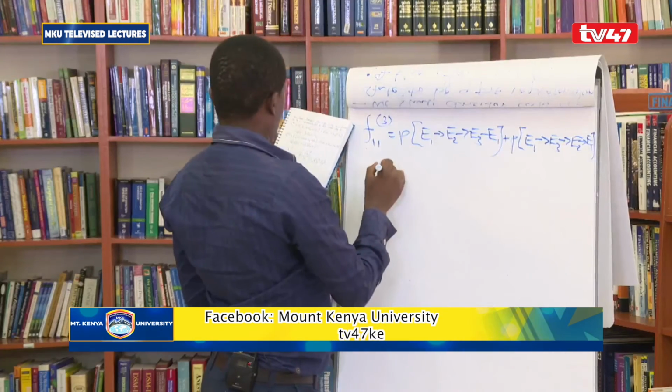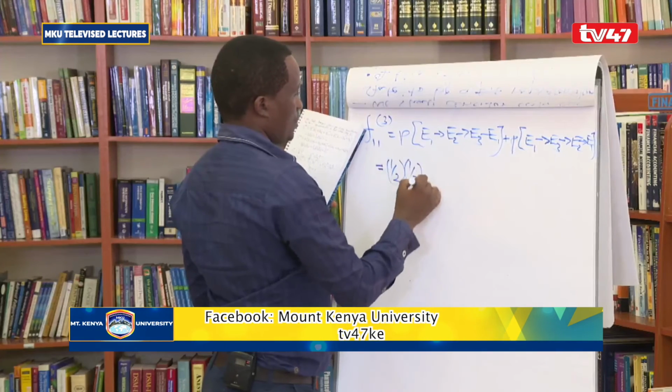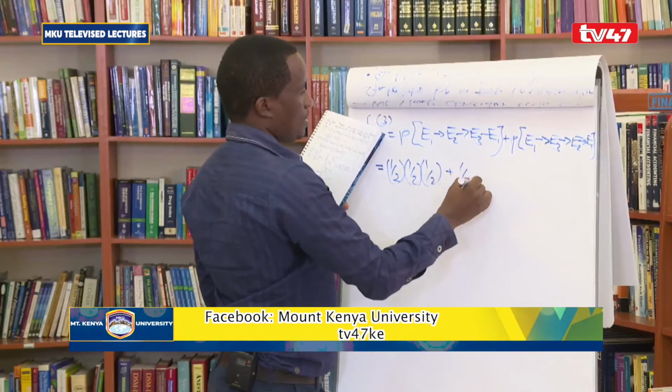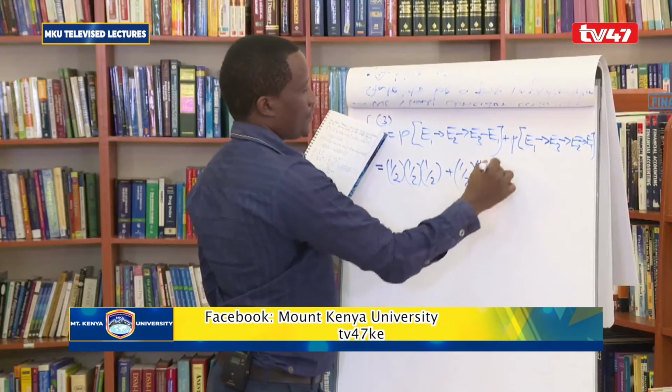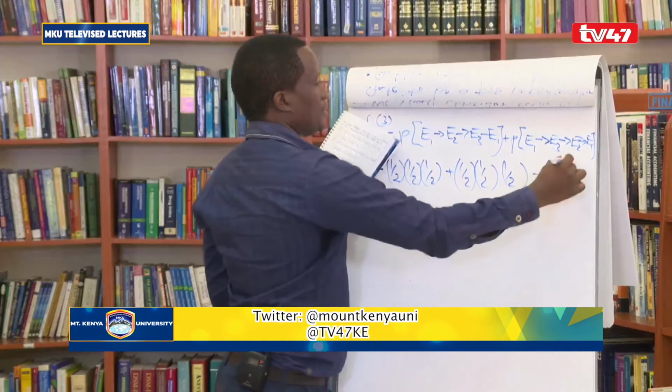This is a half times a half times a half, plus a half times a half times a half, which is actually a half squared.